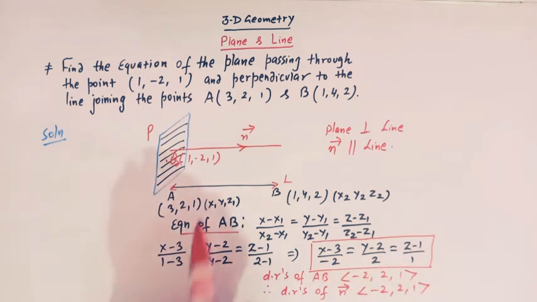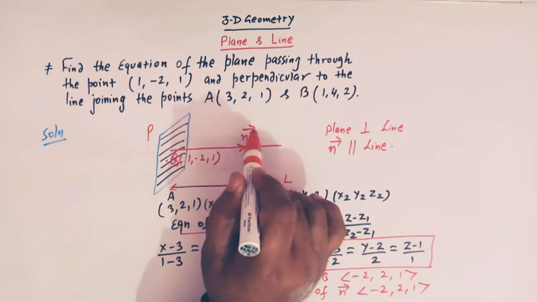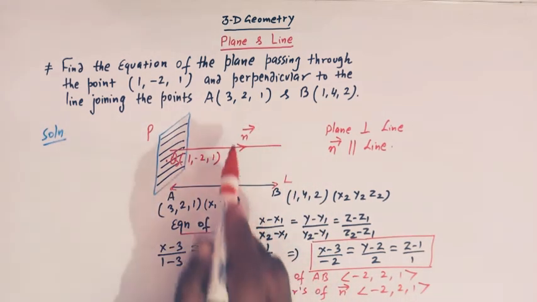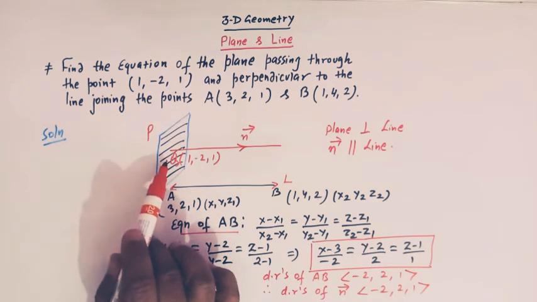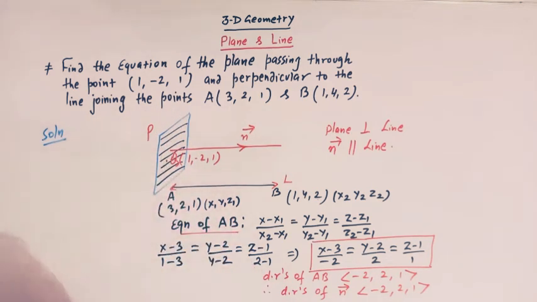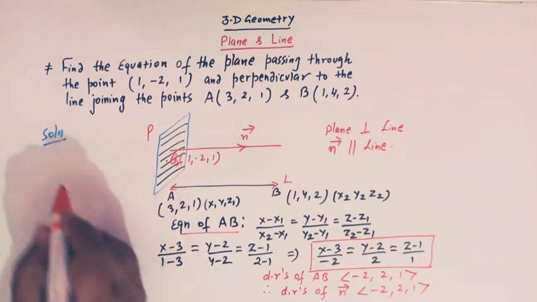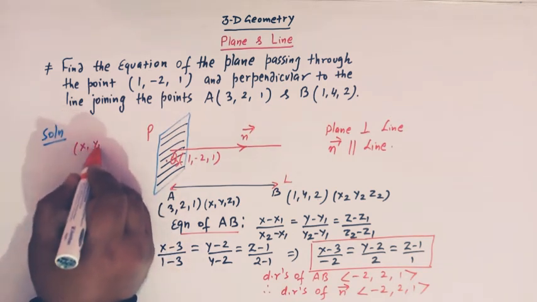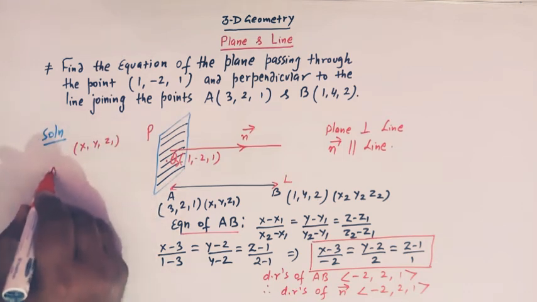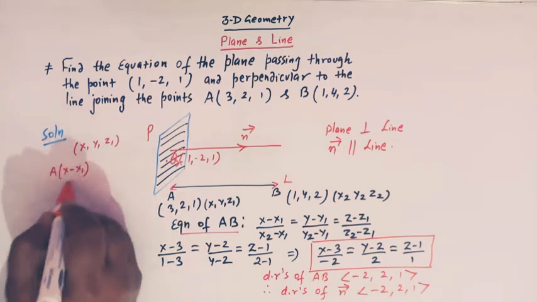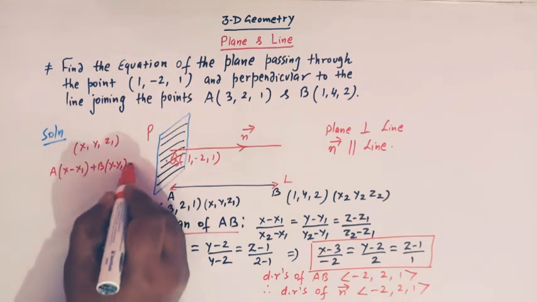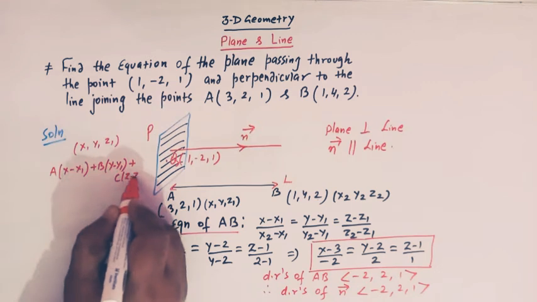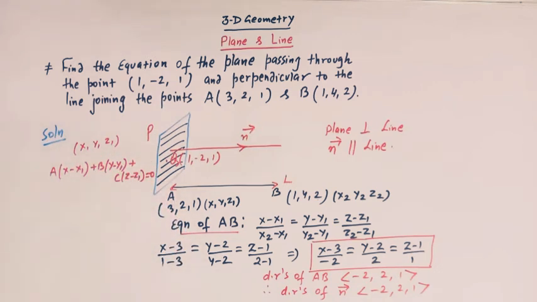So now we have obtained the direction ratios of the normal vector, and we are given a point on the plane, and we know that the equation of any plane passing through a point, say (x1, y1, z1), is given by a(x minus x1) plus b(y minus y1) plus c(z minus z1) equal to 0.